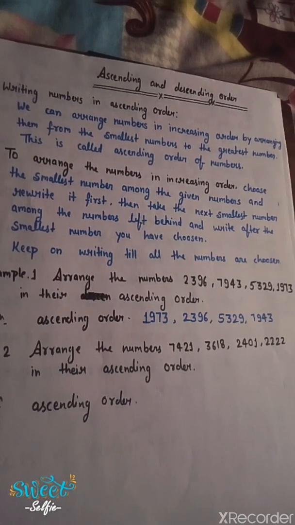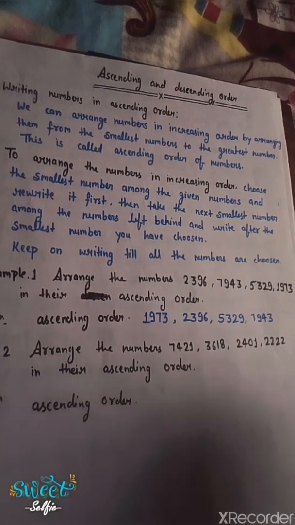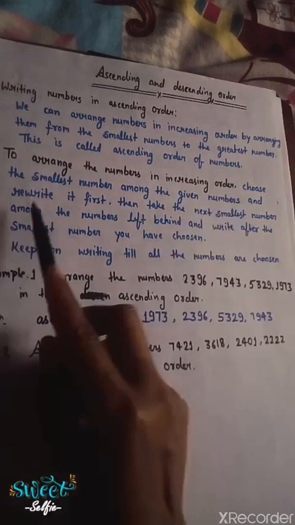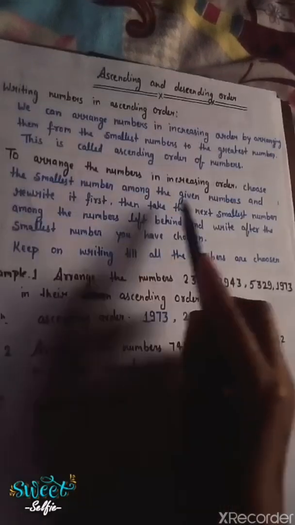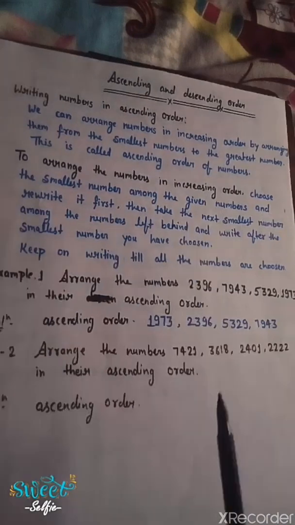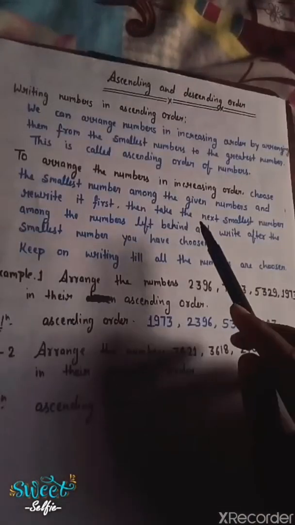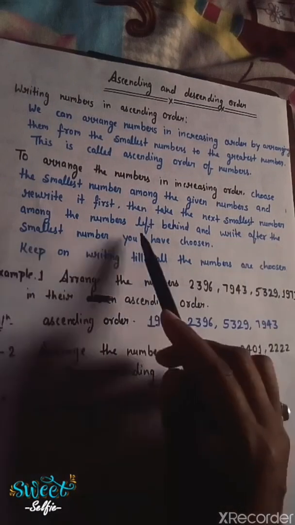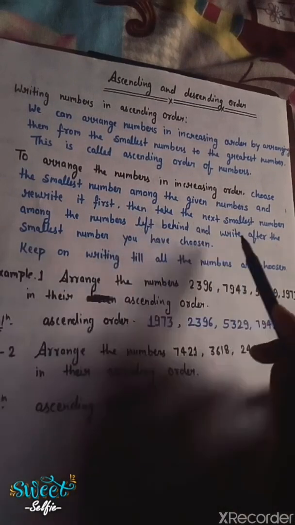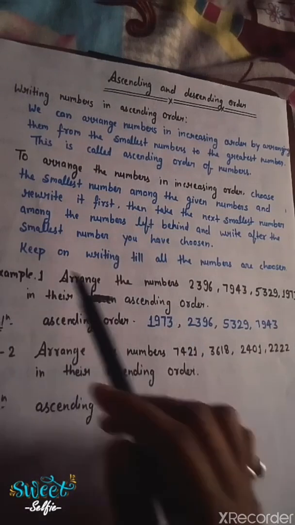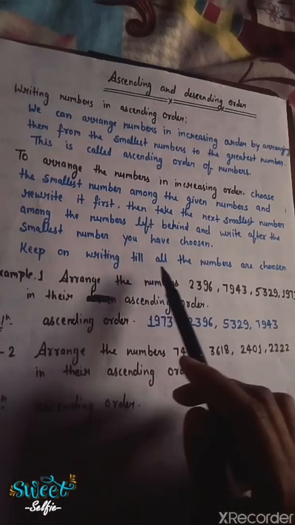So to arrange the numbers in increasing order, firstly choose the smallest number among the given numbers and rewrite it first. Then take the next smallest number among the numbers left behind and write it after the smallest number you have chosen. So keep on writing till all the numbers are chosen.